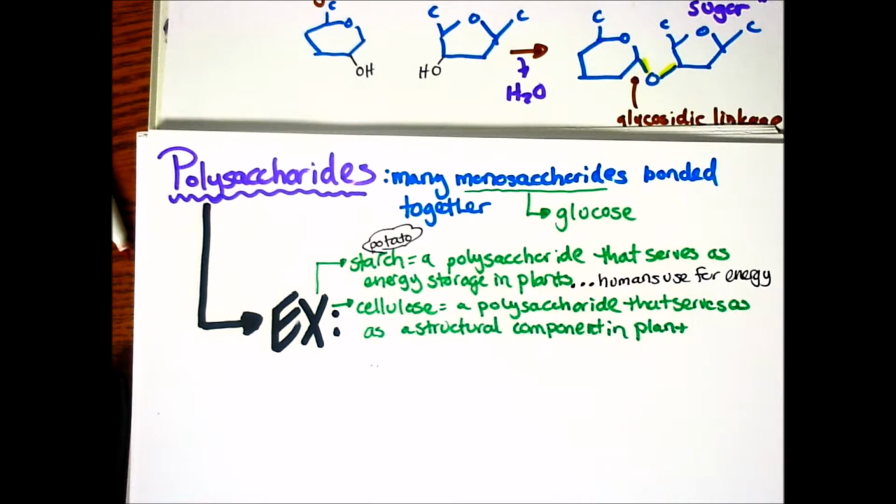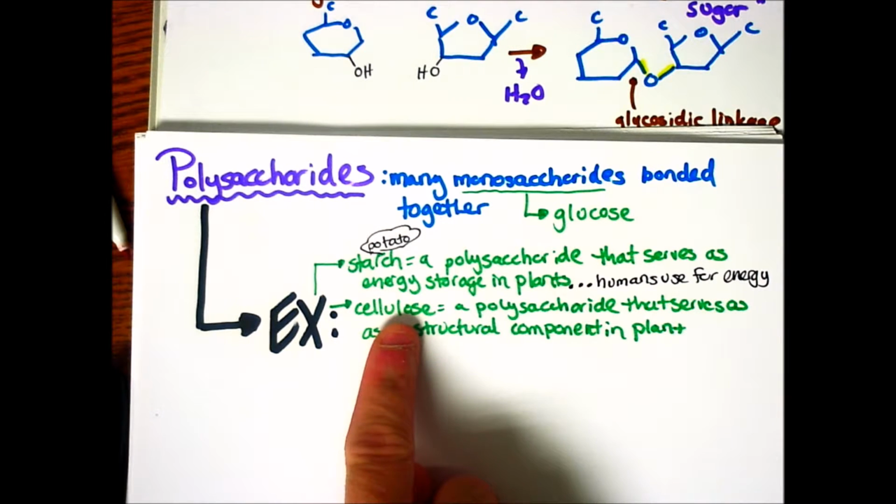So this cellulose is what you would find in the plant body, as they say. When I think of a plant body, I'm thinking literally of the wood structure. The cellulose is the part of the plant that's like the wood part.